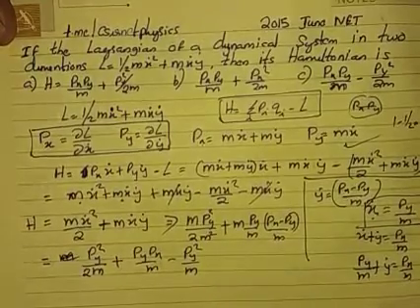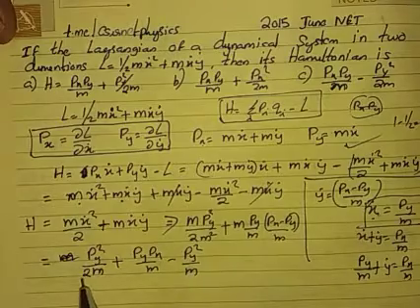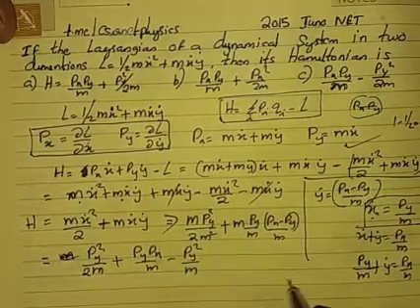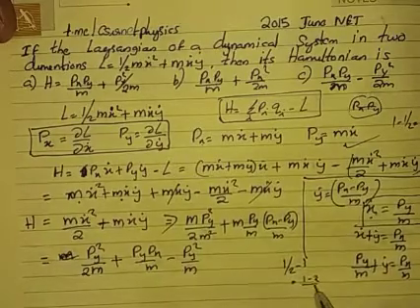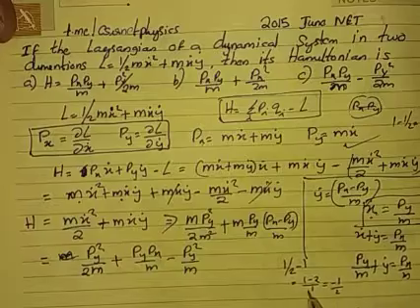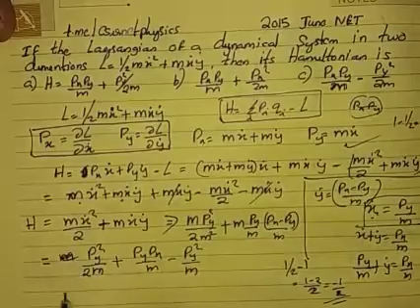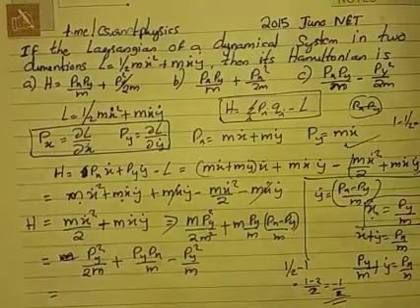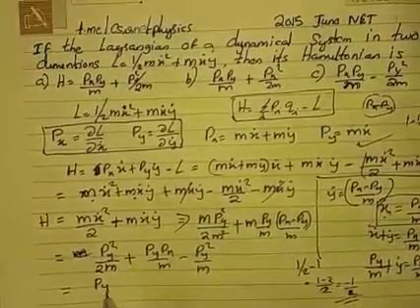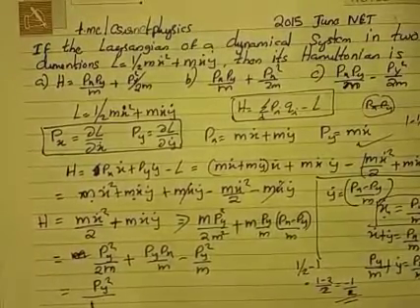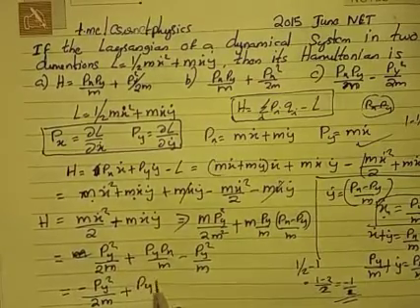Py squared by 2m minus py squared by m is 1/2 minus 1, which equals minus 1/2. So this is equal to py px by m minus py squared by 2m.